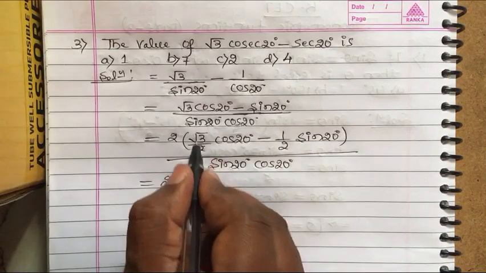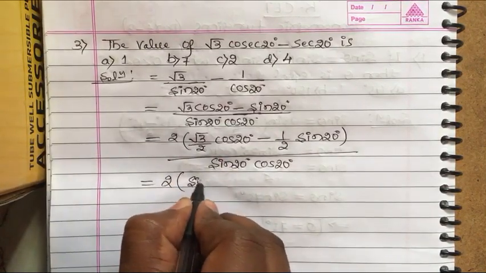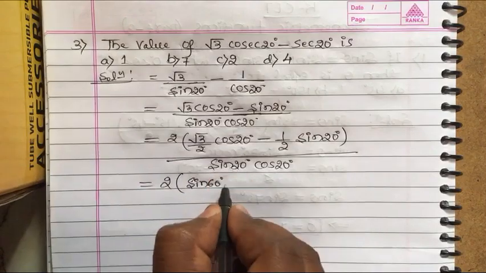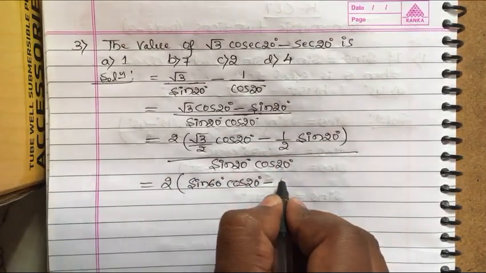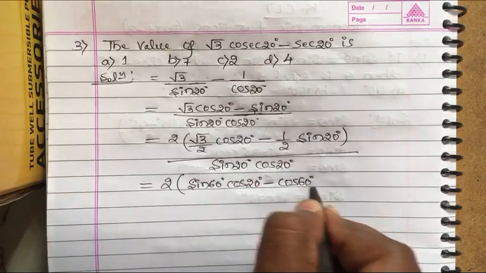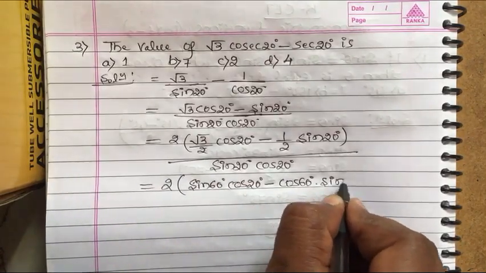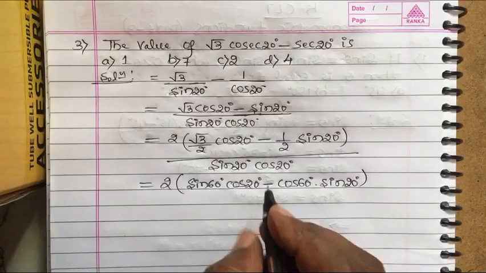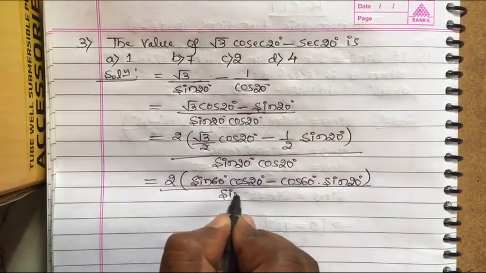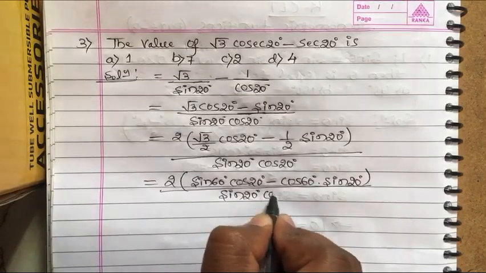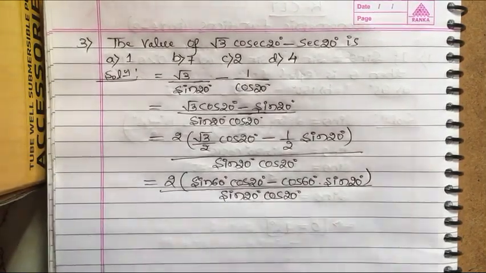Root 3 by 2 can be written as sin 60 degree into cos 20 degree as it is, minus this 1 by 2 can be written as cos 60 degree into sin 20 degrees, then whole divided by sin 20 degree into cos 20 degrees.